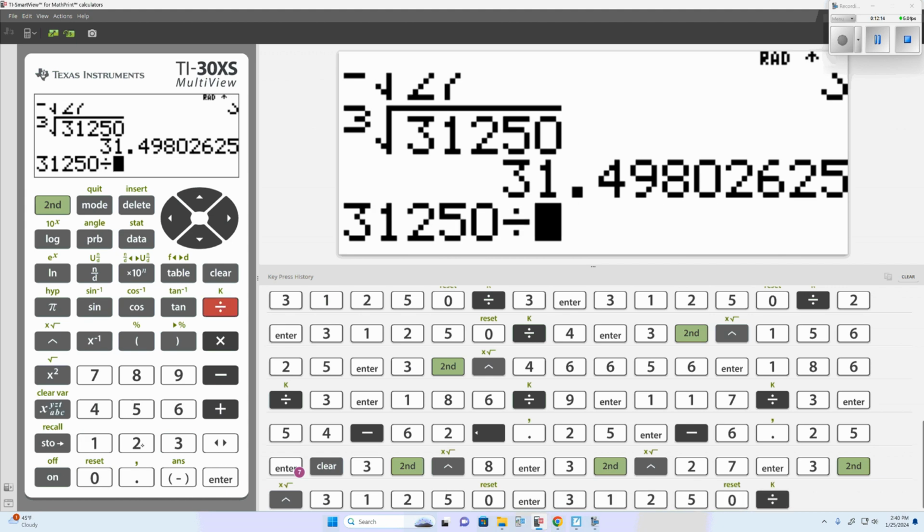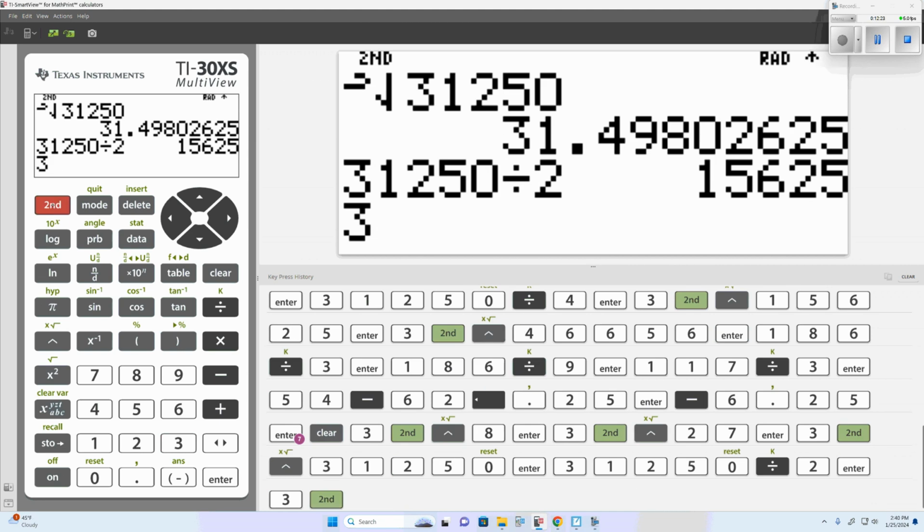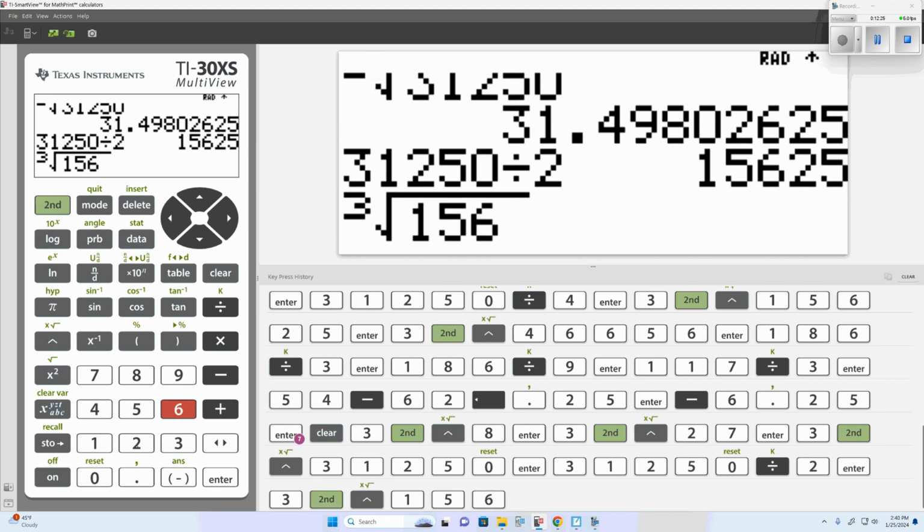31,250 divided by 2 is 15,625. Well, we can try taking the cubed root of it, and we get 25, yes?